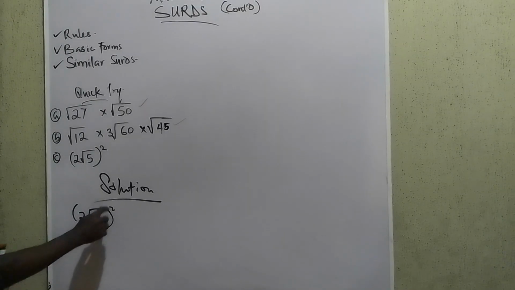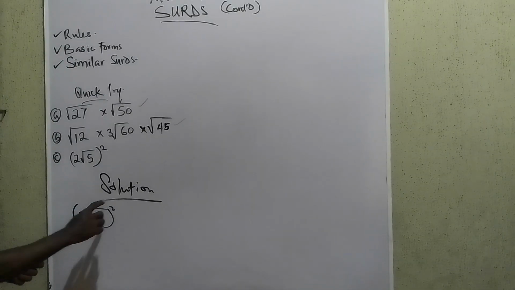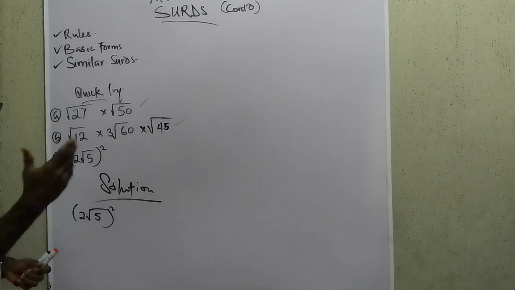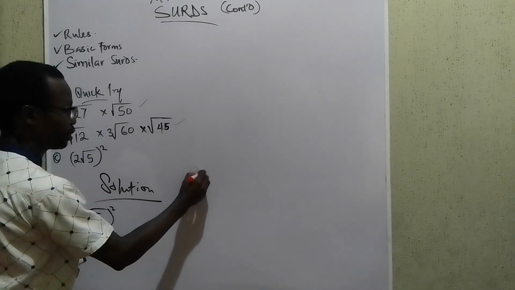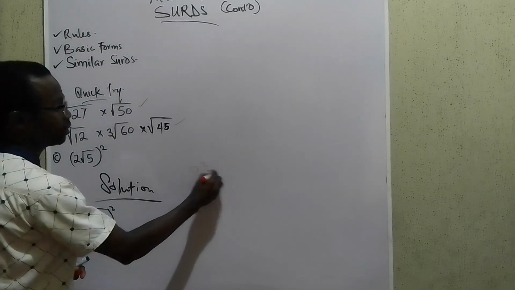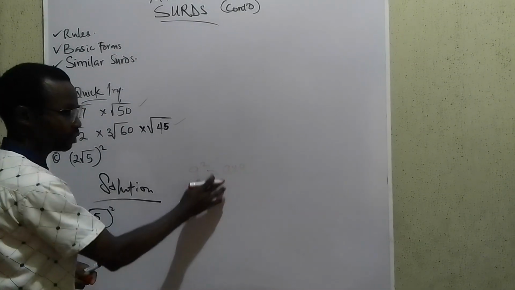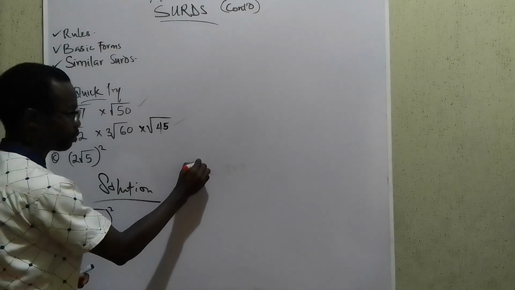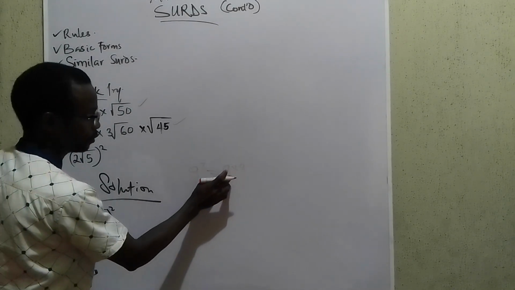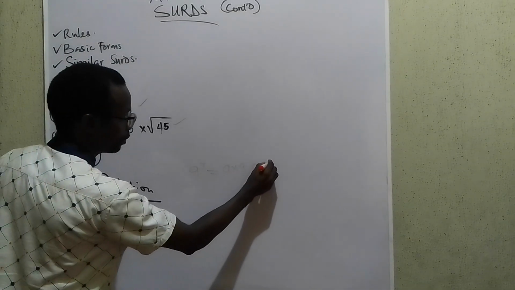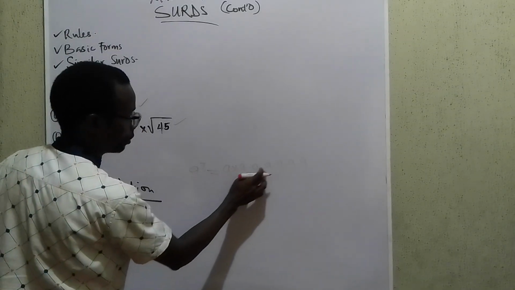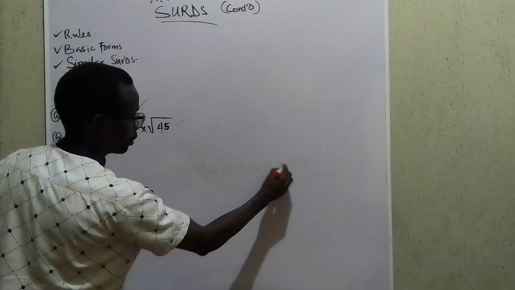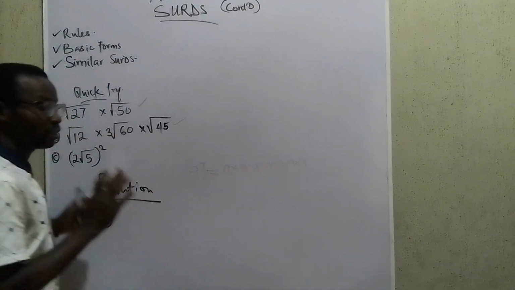Now whenever you have a square, if it is 3 it is cube, or if it is raised to the power of 4 or the power of 5, what it's simply telling you is, for example, if I have A raised to the power of 2, it's simply saying write A 2 times, A times A. If this is raised to power 7, you write A 1, 2, 3, 4, 5, 6, 7 times. That's just what it means.